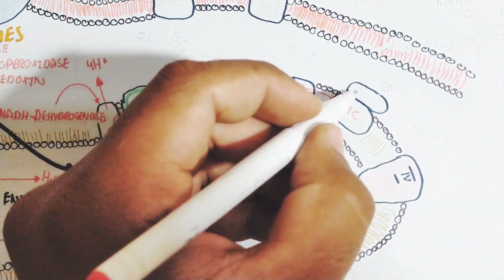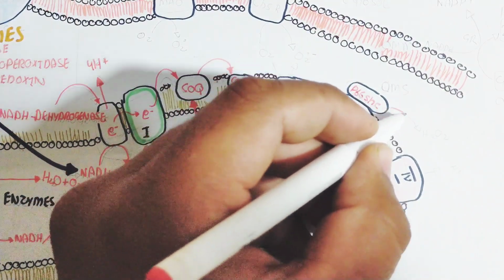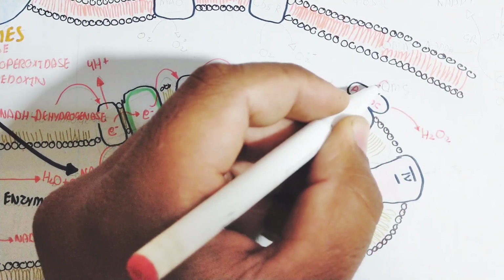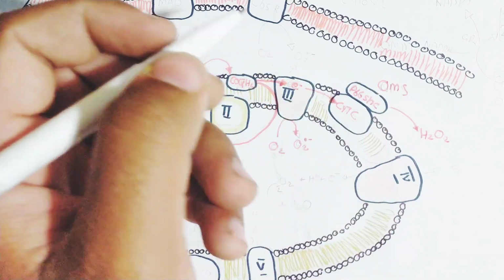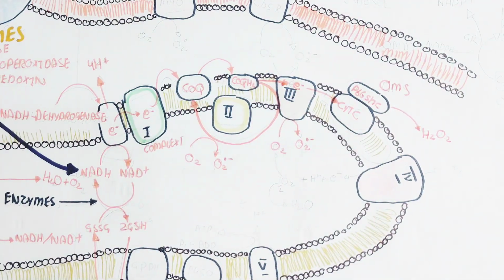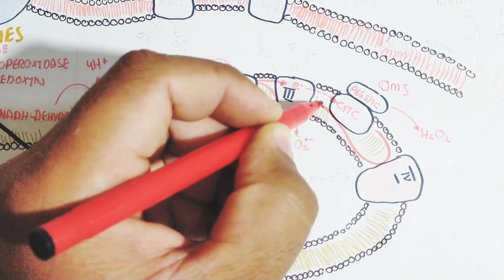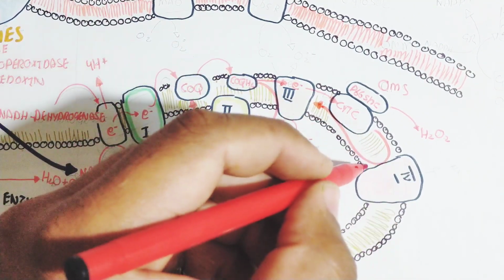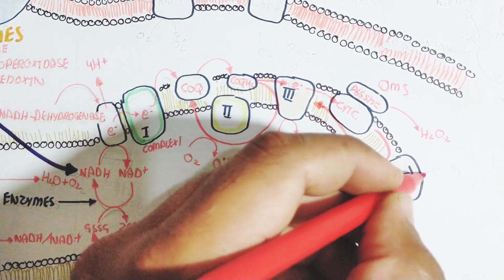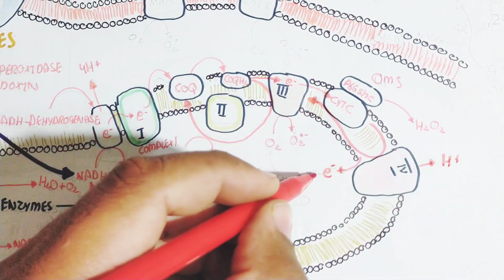On the other hand, oxygen accepts the electron to become reactive, and this reactive oxygen species should be cleared up. Here P66SHC and cytochrome C also convert it into hydrogen peroxide.